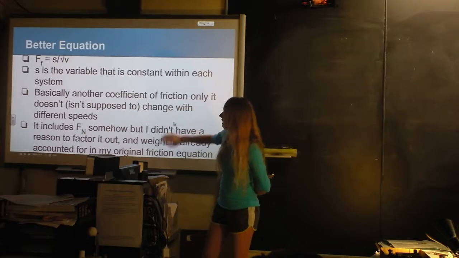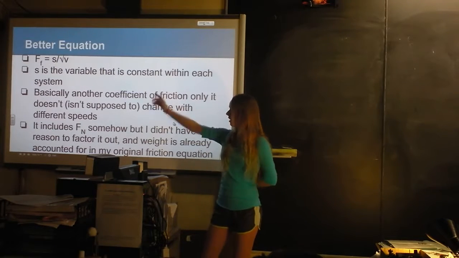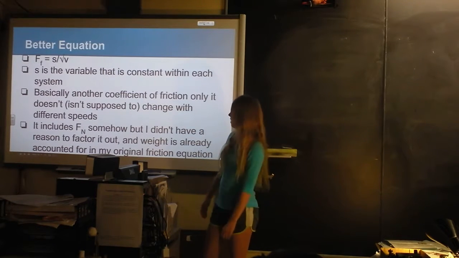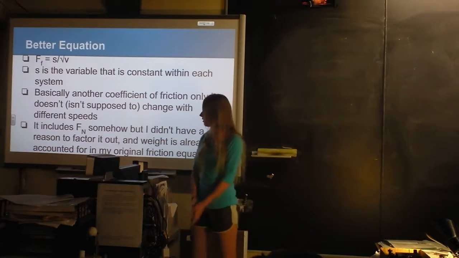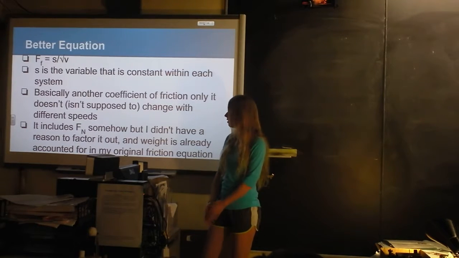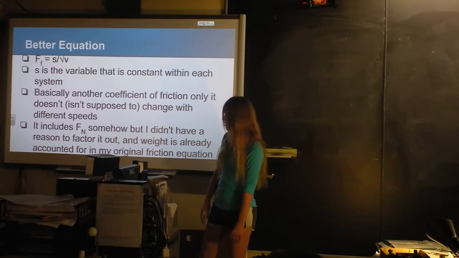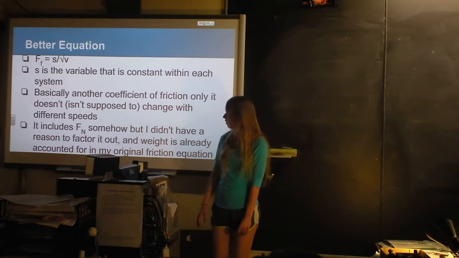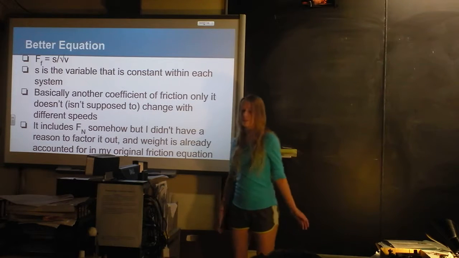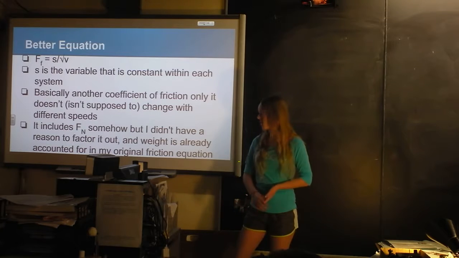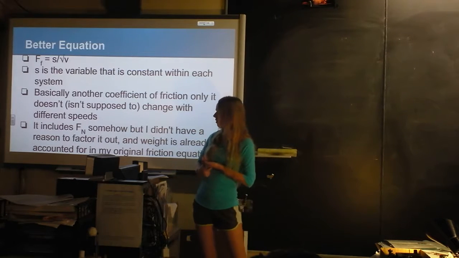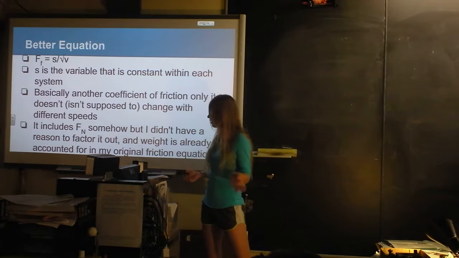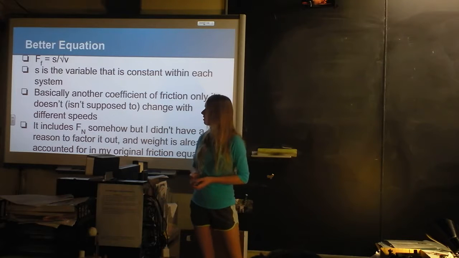So I redid that and said that S was a variable, and I found S for each of the graphs by using just their slope. I took out the original UK times Fn, because I didn't take out Fn for every object, and that's obviously a constant for each object.